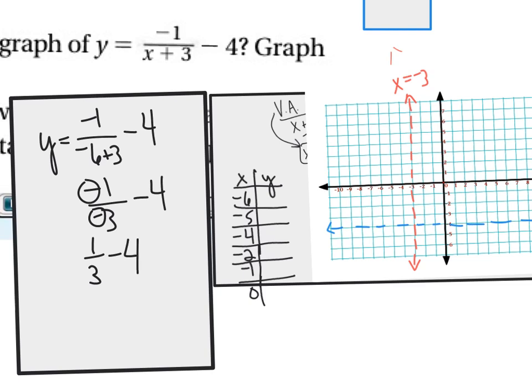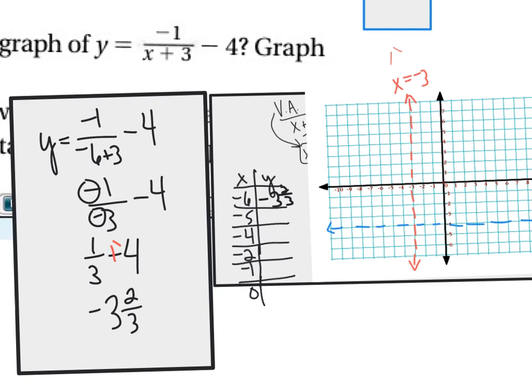So we'd have 1/3 minus 4. So that would be -3 2/3. And I'm just working these out by hand because sometimes when we're doing this, we might not be allowed to use a calculator. We might just have to work it out and get the answers that way. And I know that's not a real great point to graph, but that's just how it's going to be sometimes on these problems. We'll just estimate kind of where it goes on the graph, and it'll be good enough.